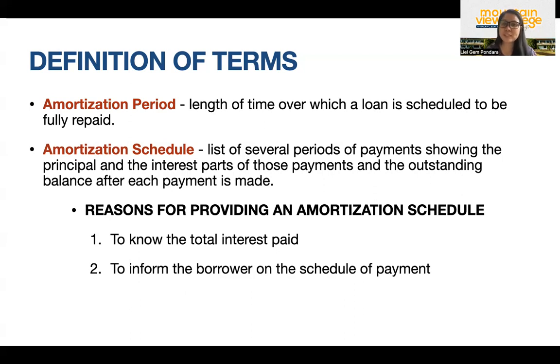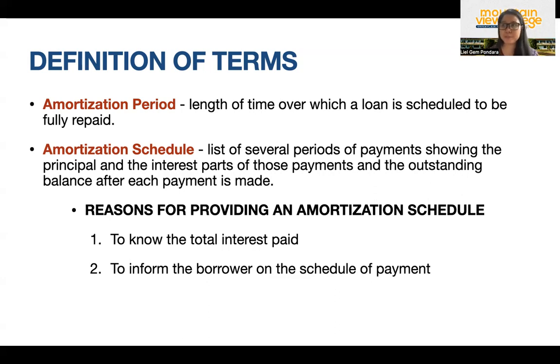Now, what is an amortization schedule? An amortization schedule is a list of several periods of payments. What will you see in the amortization schedule? It's a schedule of when you are going to pay, how much you are going to pay, and based on your payment, how much will go to the interest and how much will go to the principal.